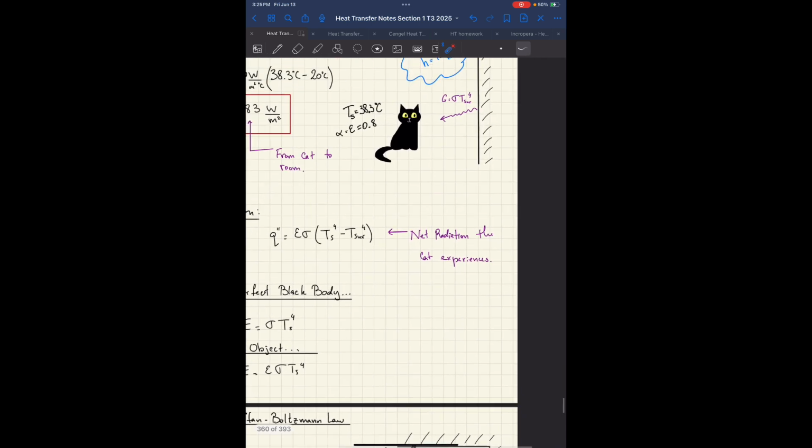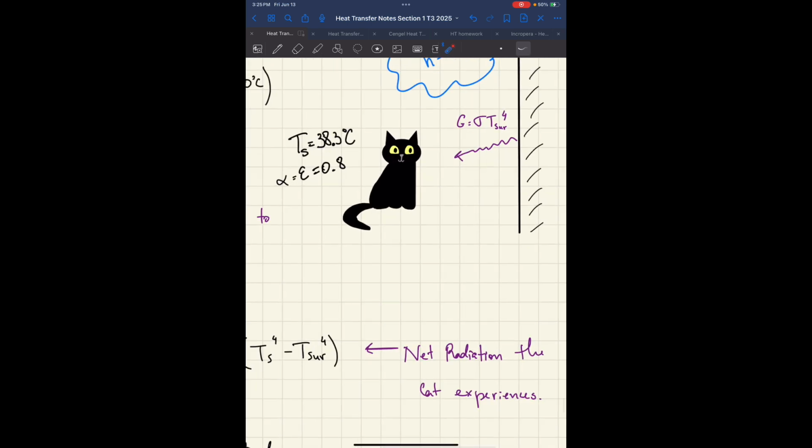Radiation is a phenomenon, right? The word radiation implies from the object of interest out, like this. That's what radiation implies. You're radiating, right? So absorbed radiation is actually considered to be negative because it's going this way, opposite to what the word means.